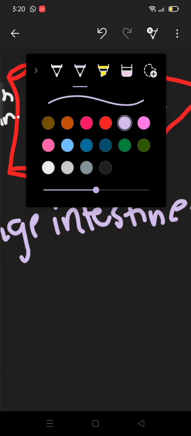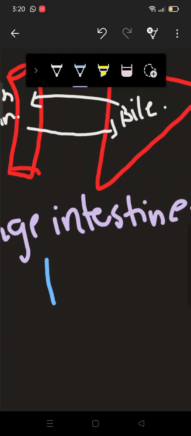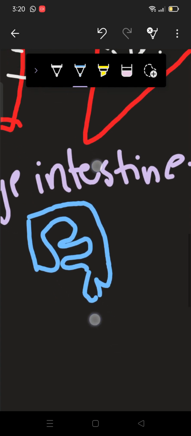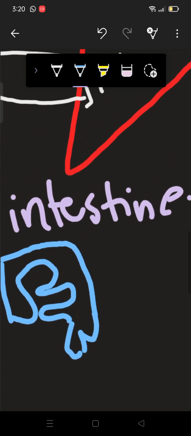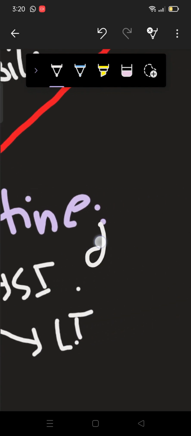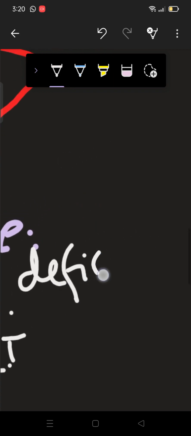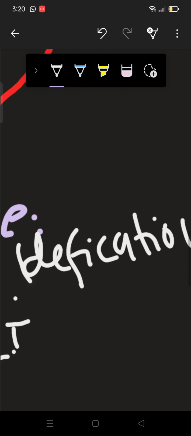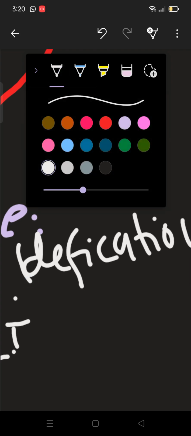As you can see here, this is the small intestine, this is the large intestine and its opening. And what's happening here? Defecation.